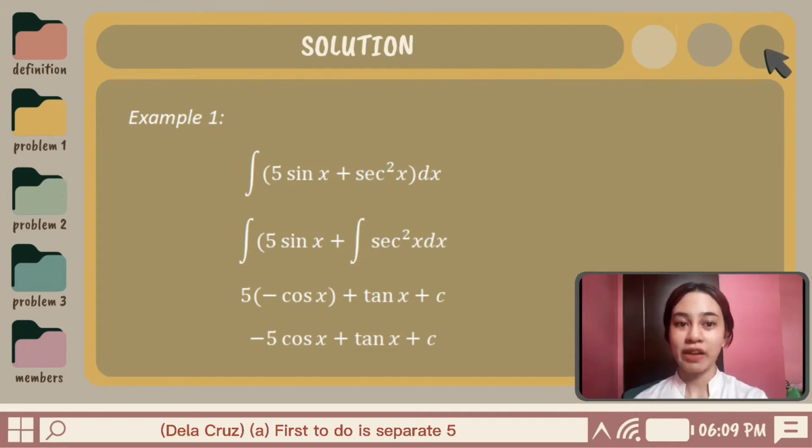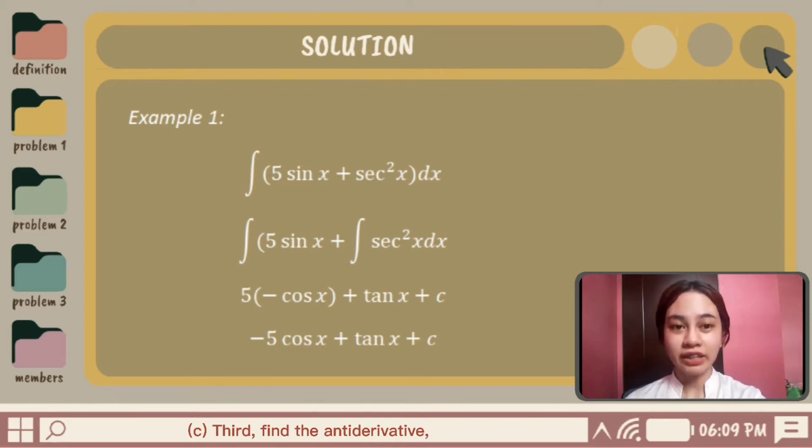First, separate 5 sine x and secant squared x into 2. It will be integral of 5 sine x plus integral of secant squared x times dx. Second, separate 5 from the 2. 5 integral of sine x dx plus integral of secant squared x dx.